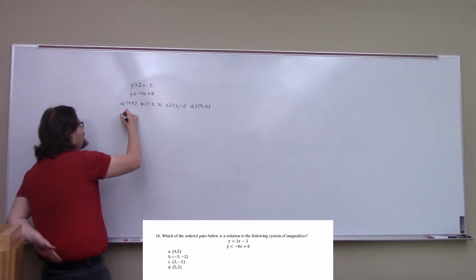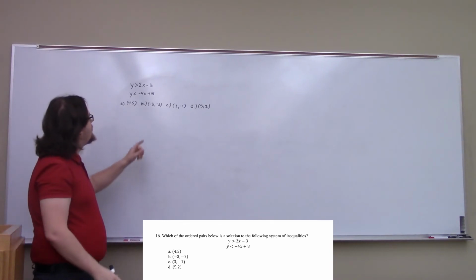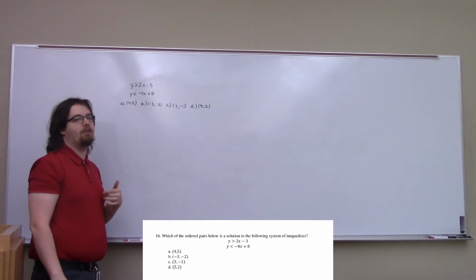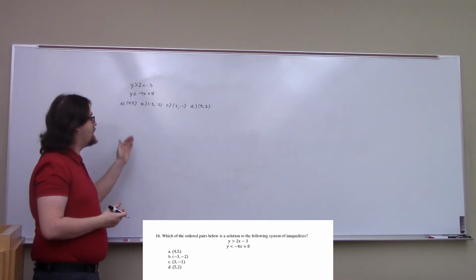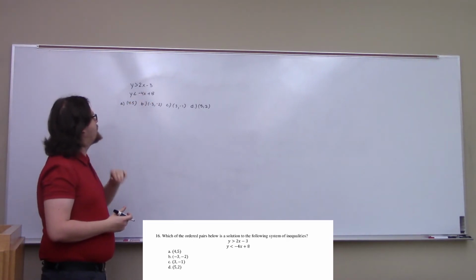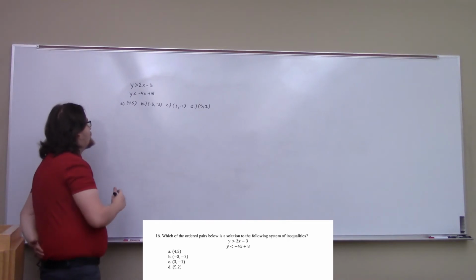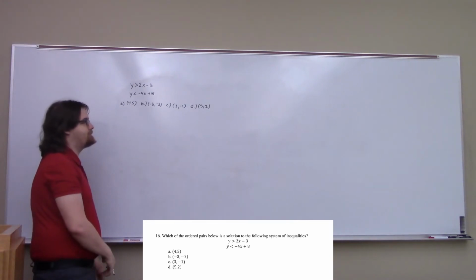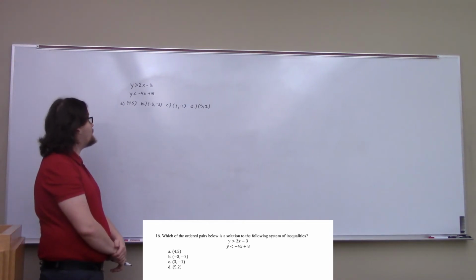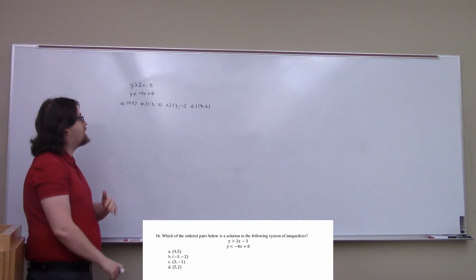So a test point is when you plug a value into an equation to see if it's true. So we do this with inequalities to figure out whether these values match with the inequalities. We're going to start with answer choice A and work our way down to answer choice D.